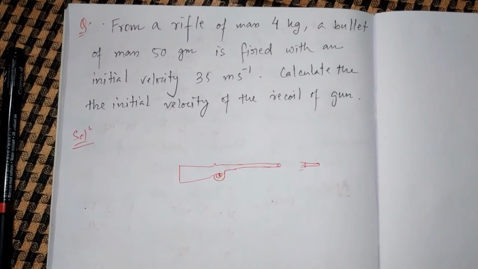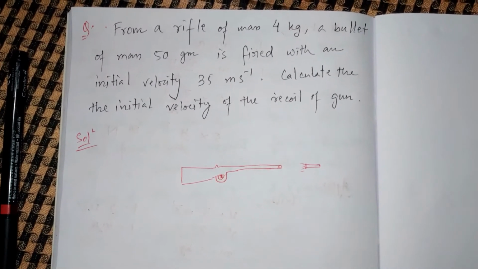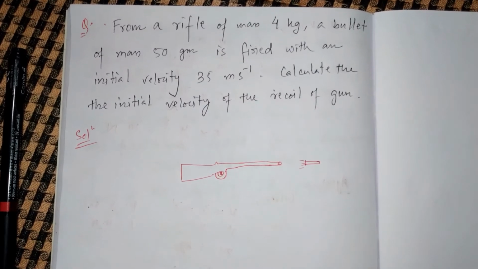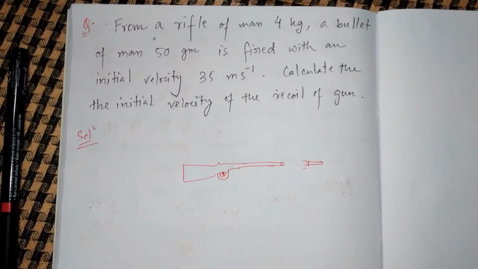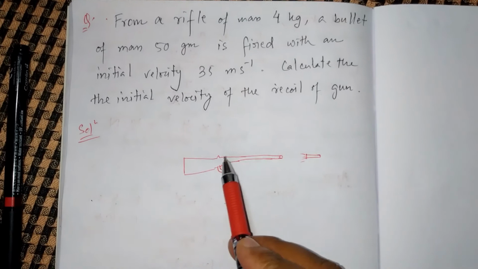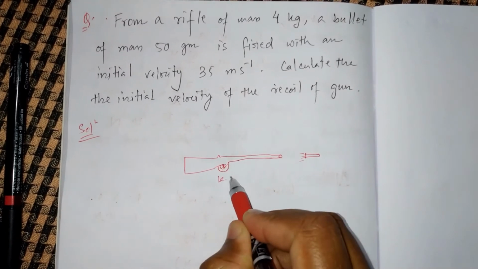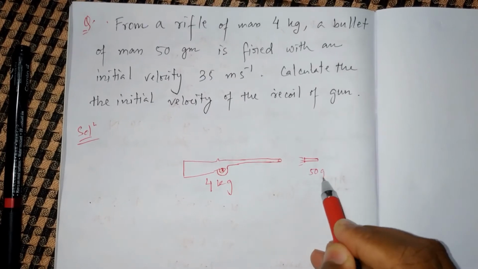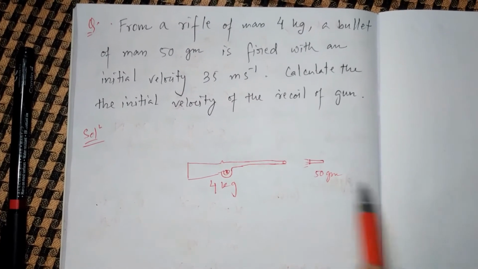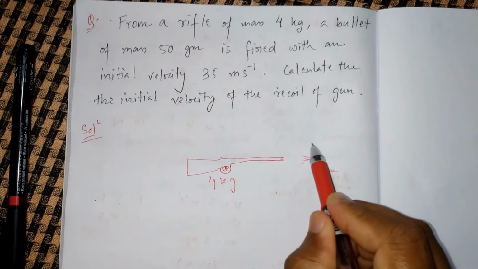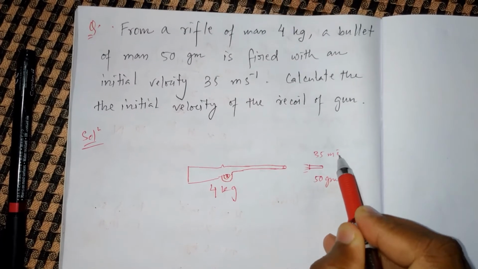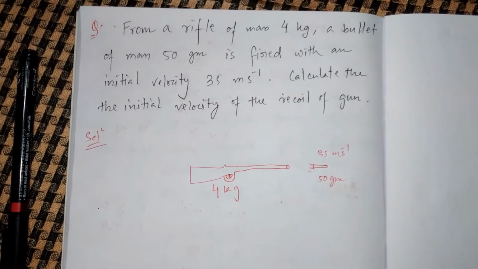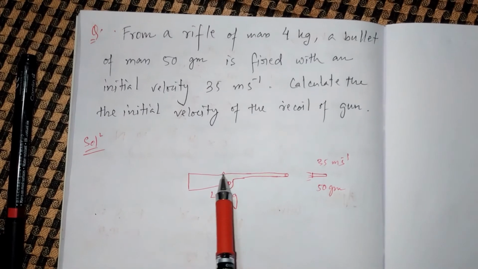We have discussed this recoil velocity in Newton's third law of motion. So here you have a rifle of mass 4 kg and the bullet is of mass 50 gram. It is fired and the initial velocity of the bullet is 35 meter per second. And the question says you need to find the recoil velocity, initial recoil velocity.